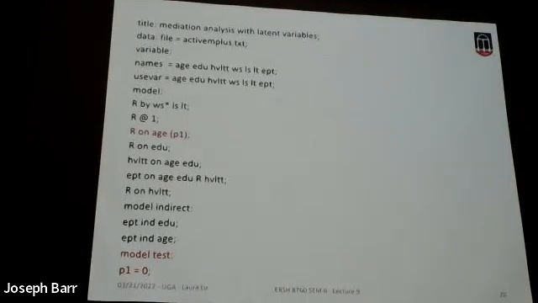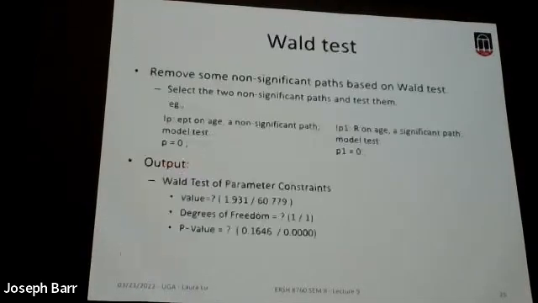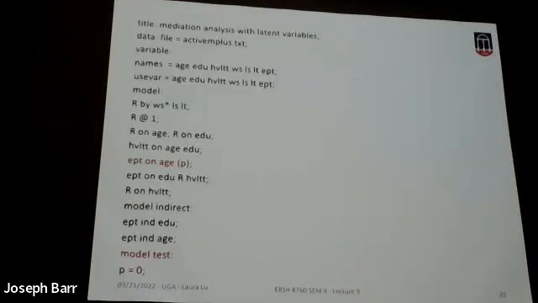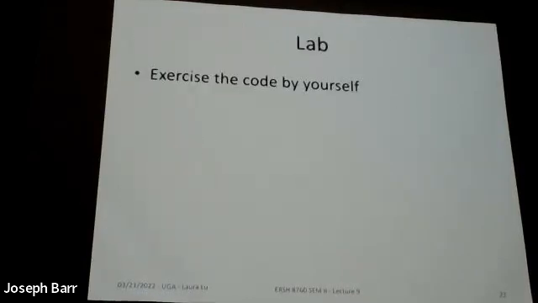So yeah, we just covered the different tests: chi-square test, Lagrange multiplier test, and Wald test. And we did a lot of comparisons of different models. Do you want to do some lab, or do you want to do it after class? Maybe we can do it at home. Okay.